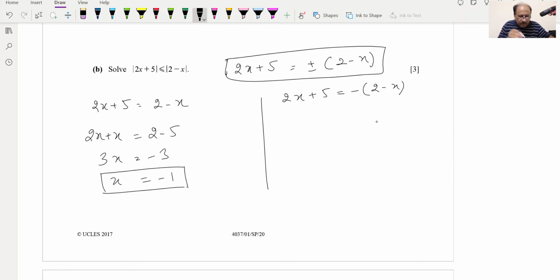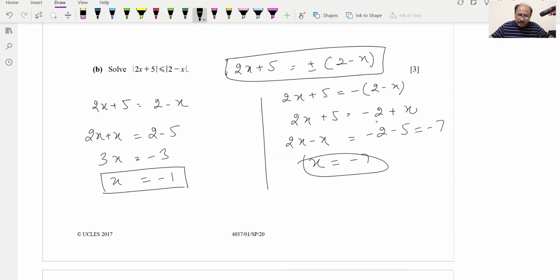And the other value, if we solve this one, 2x plus 5 is equal to minus 2 plus x, we can shift this x to the other side and we will get 2x minus x is equal to minus 2 minus 5, which is equal to minus 7. So the other value will be x is equal to minus 7.